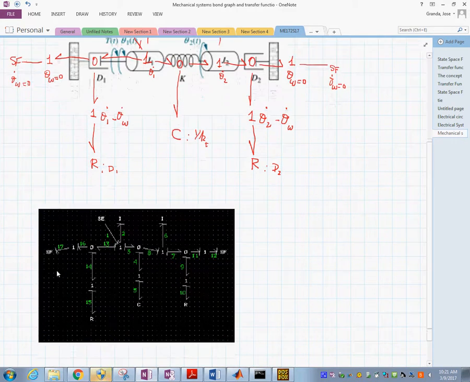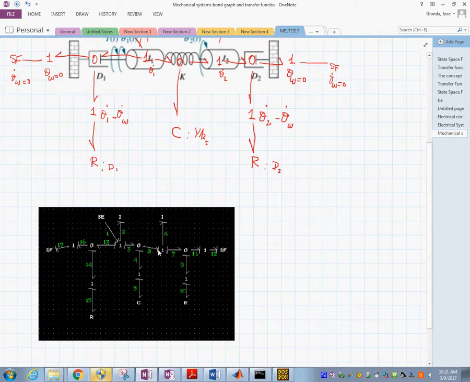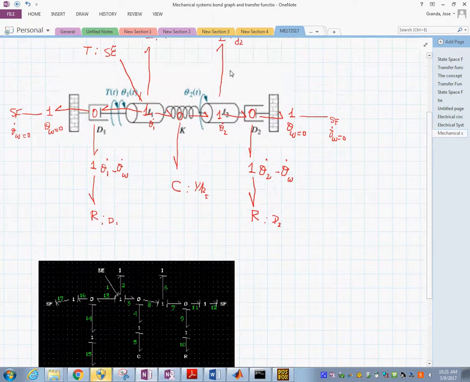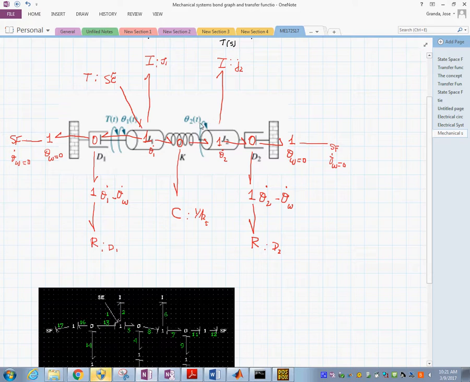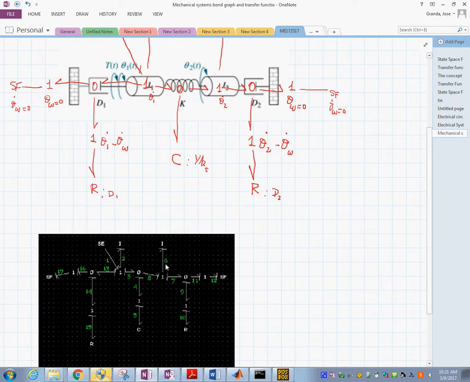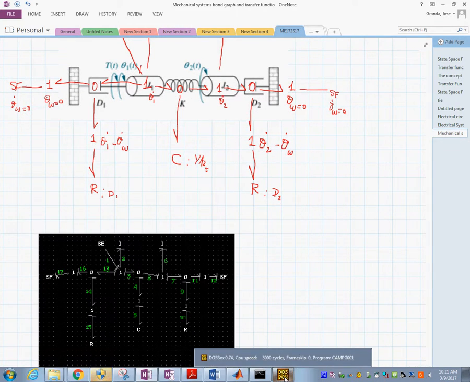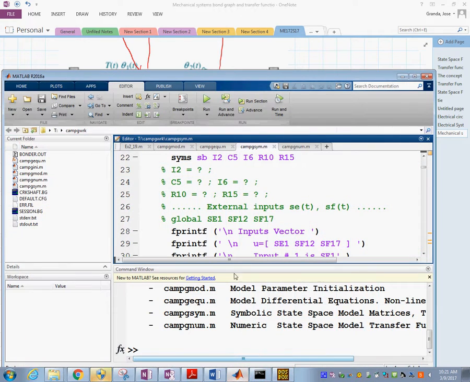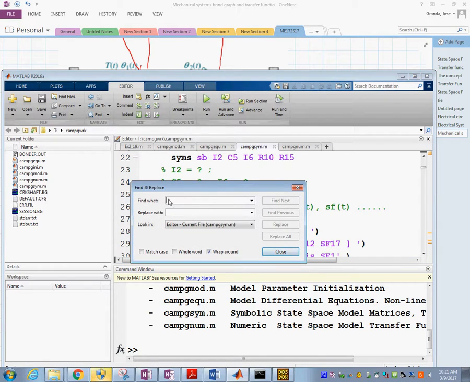So f sub 6 is going to be the output here. Theta 2 would be the integral of f sub 6, but f sub 6 is theta 2 dot, and that's the output that we want. So we need to come in here and find f6. This is f6.